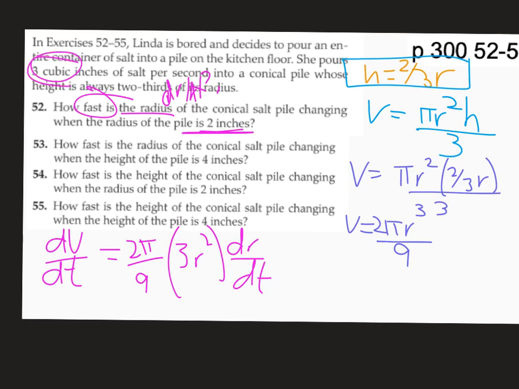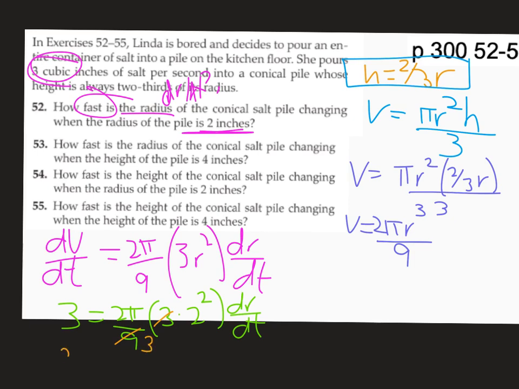So that means we'll have 3 equals 2 pi over 9 times 3 times 2 squared dr dt. So let's do some magic here. That will cancel with that and leave me with a 3.